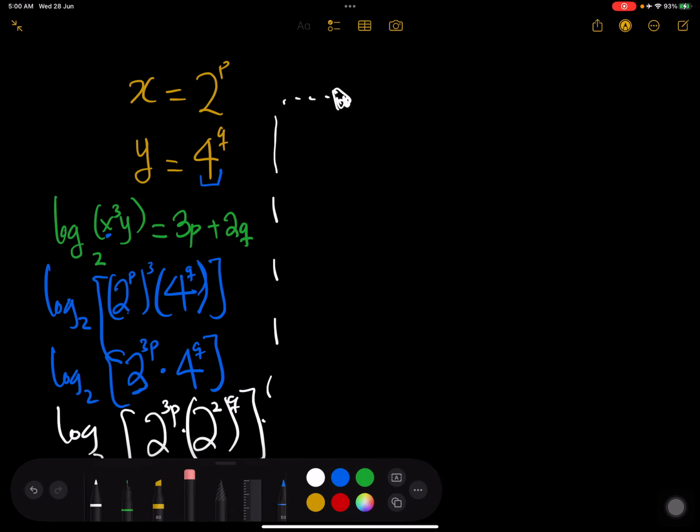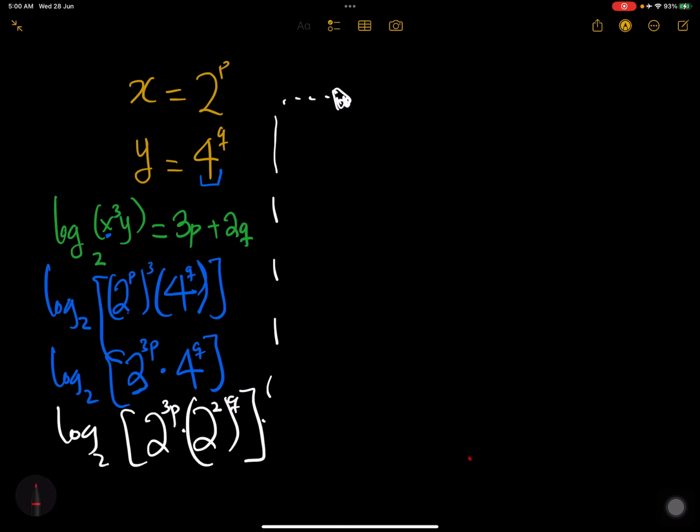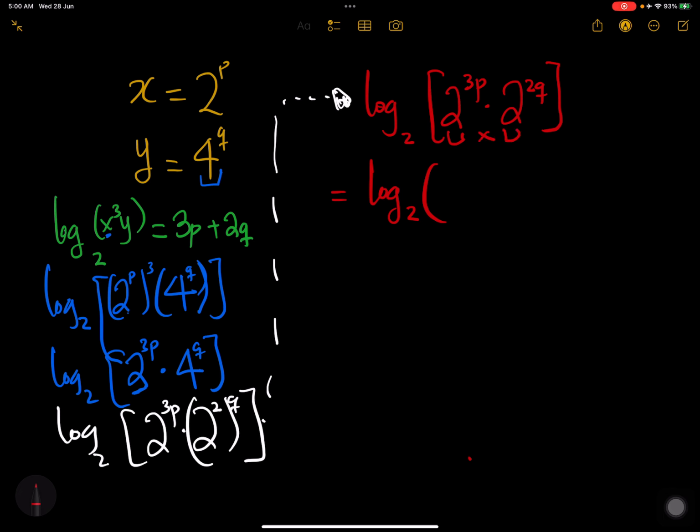So now we're going to have log to the base 2 of 2 to the power 3p multiplied by 2 to the power 2q. Can you see that? I hope you do. The bases are the same and they are multiplying, so we add the exponents. We are going to have 2 to the power 3p plus 2q. Now we have log to the base 2 of 2 to the power 3p plus 2q.